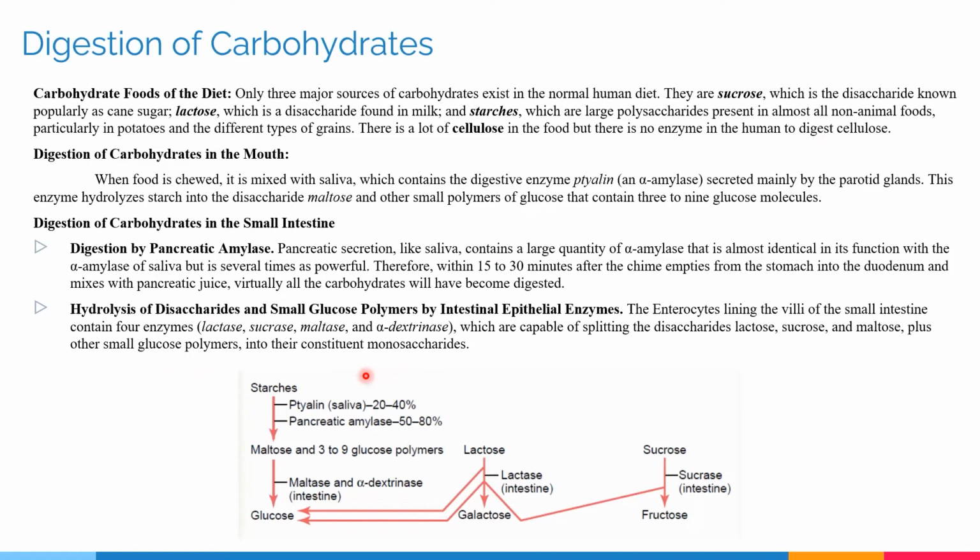Next, maltase and alpha dextrinase present in the intestine act on the maltose and the other glucose polymers, dividing them into glucose. Similarly, lactose is broken down by lactase in the intestine into galactose and glucose, and finally sucrose is broken down by sucrase in the intestine into fructose and glucose. All of these can be further converted back to glucose for efficient absorption and usage by the body.